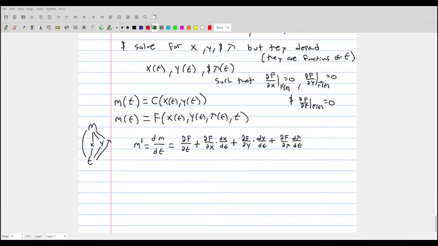These partial derivatives, df dx, df dy, and df d lambda, are all zero, because x of t, y of t, and lambda of t all satisfy the condition of the minimum, the fact that it's minimizing this Lagrange function, or it's minimizing the cost subject to our constraint. And because of that, the conditions of the minimizing x of t, y of t, and lambda of t, being critical points of our Lagrange function, are exactly that partial derivatives are zero.